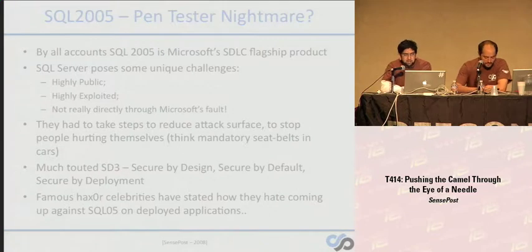It's highly public, it's been highly exploited, and most of the exploits against it haven't been Microsoft's fault. So they get a bad rep for most SQL injection attacks, and actually it's not something they could do much about. So they took steps to try to reduce the attack surface, essentially trying to stop people from hurting themselves, pretty much like you force people to wear seatbelts so they don't kill themselves.